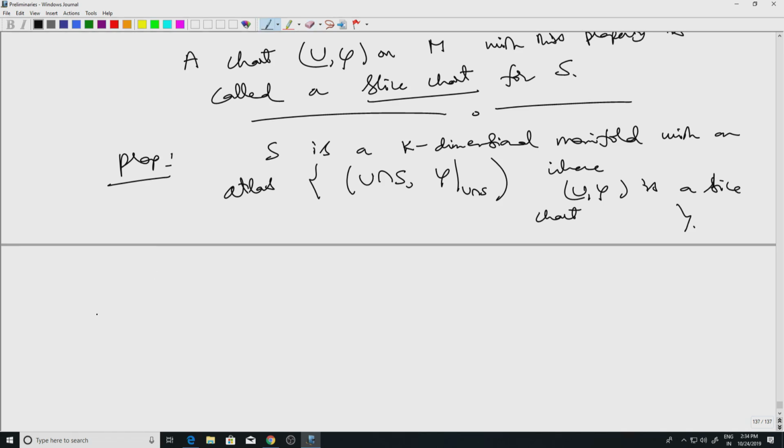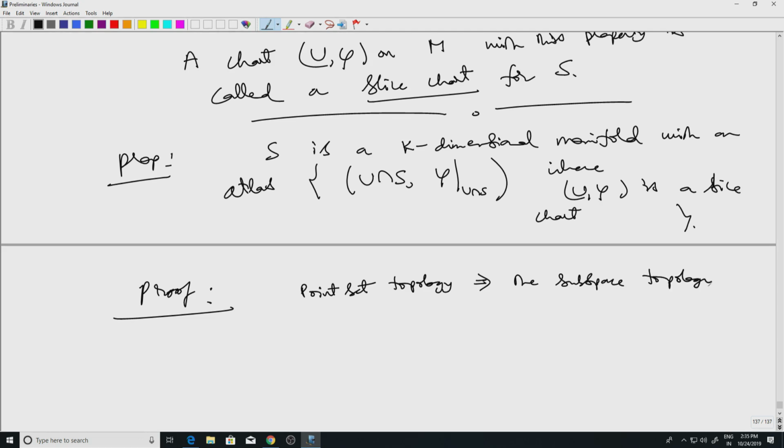So one can check, by general considerations, I won't go over that, that point set topology implies that the subspace topology on S is Hausdorff and second countable.